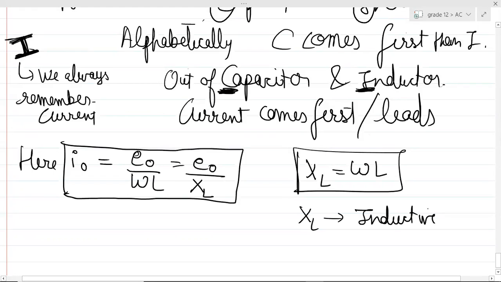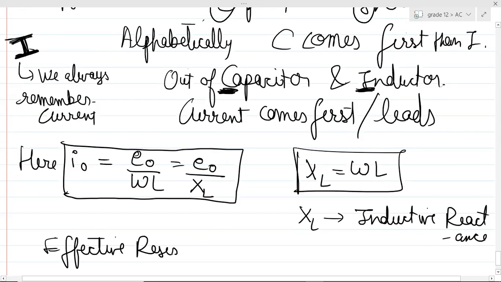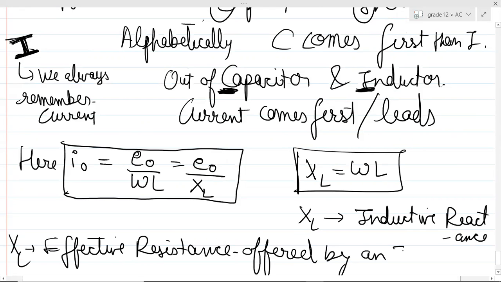This is how the inductor will react when connected across an AC source. So it is basically the effective resistance offered by an inductor to an AC source.